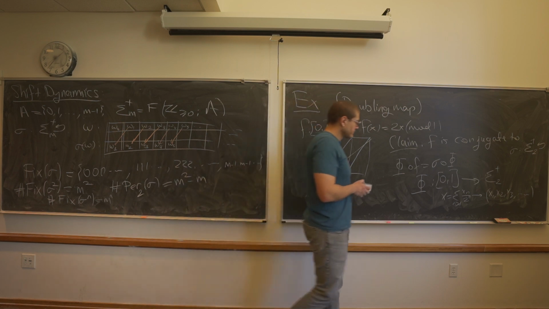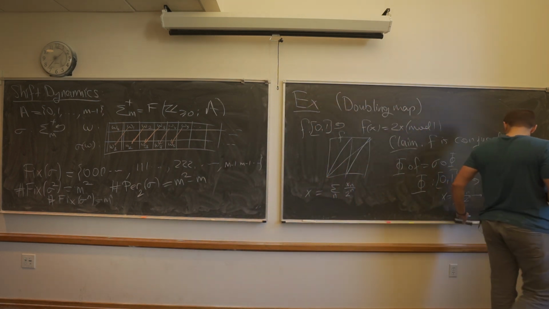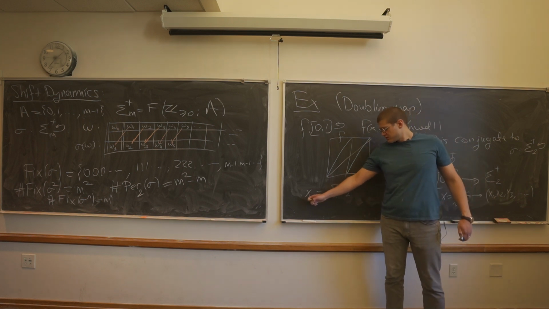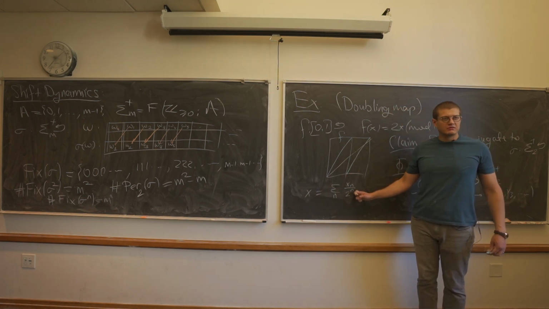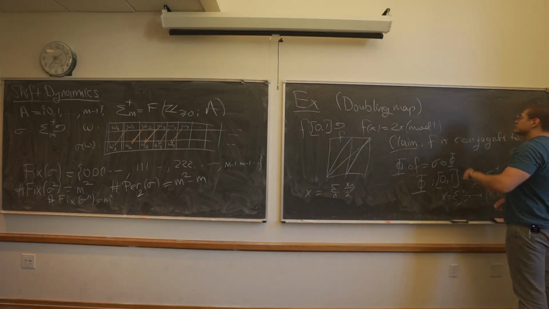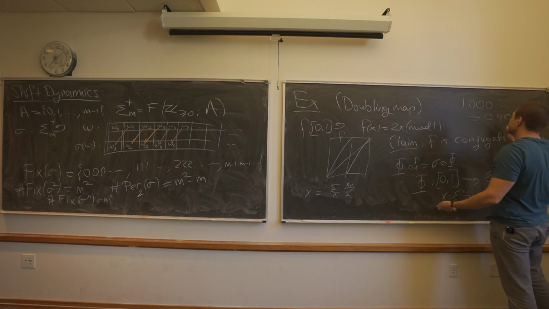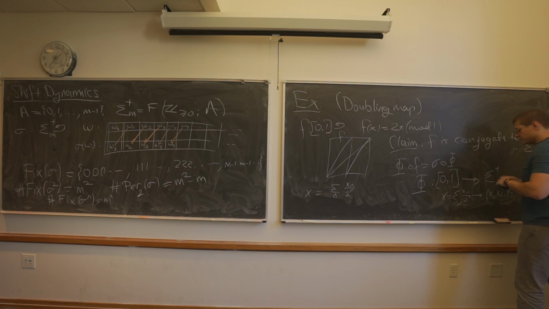The one problem is that, given x, this representation is not unique, because this is the same thing as 0.999 and so on. This is in base 10. If you wanted to do this in base 2, you would write it like this.